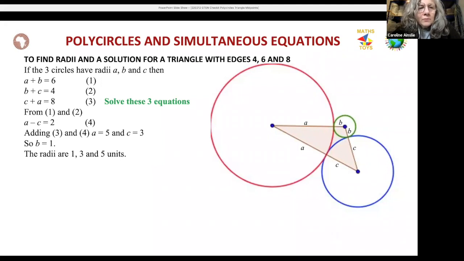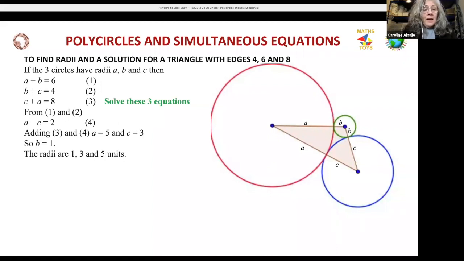But with these particularly simple equations, if they think about it a bit and help each other, they'll find a way to do it without being taught how to proceed when they have three equations. So over to you, Caroline. Yeah, it's a great challenge to give them, because if they can do two, they can do three, as long as you have three equations and three unknowns.